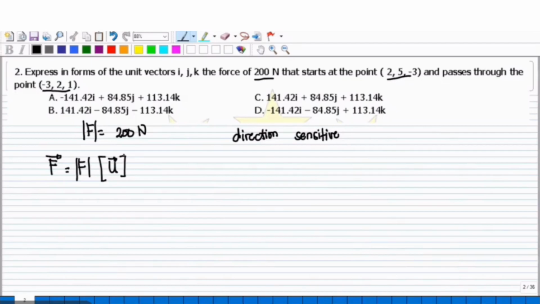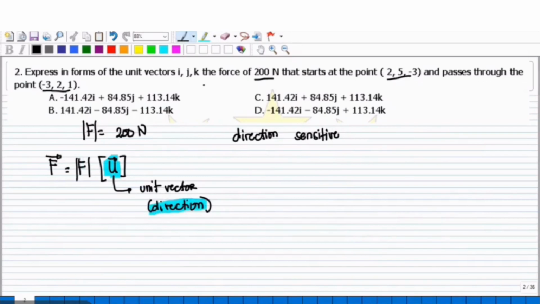Take note po, magnitude times the unit vector. Bakit po tina-times natin ng unit vector? Because this unit vector here will give us the direction of that magnitude. Siya yung magbibigay ng direction dun sa magnitude.